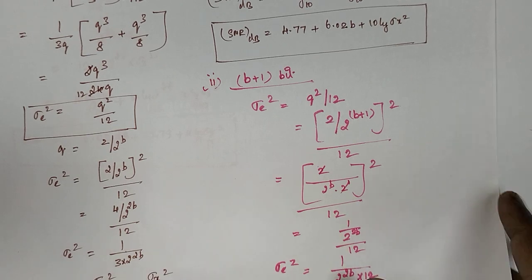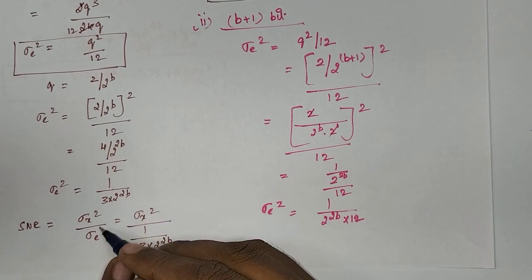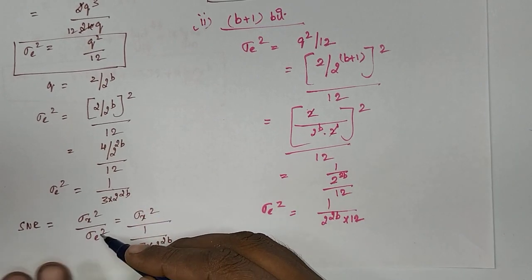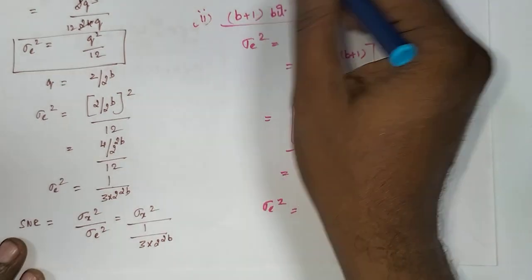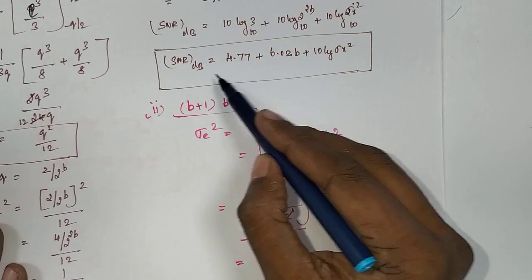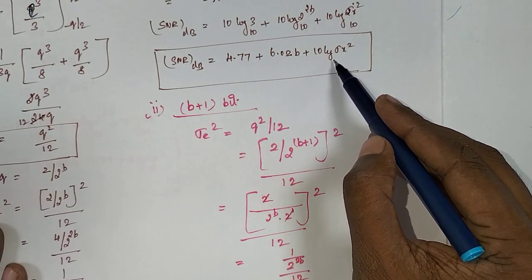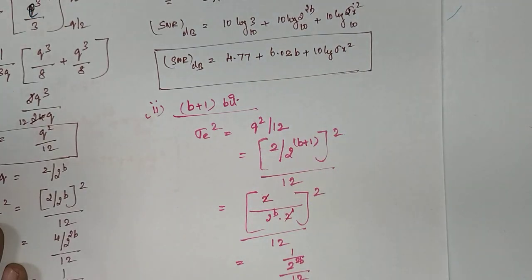Then I am finding the signal to quantization noise ratio. This is the signal variance and this one is the noise variance or error variance, and I am taking the logarithmic value to represent it. For b bits, my signal to noise ratio is 4.77 plus 6.02b plus 10 into log sigma x square.